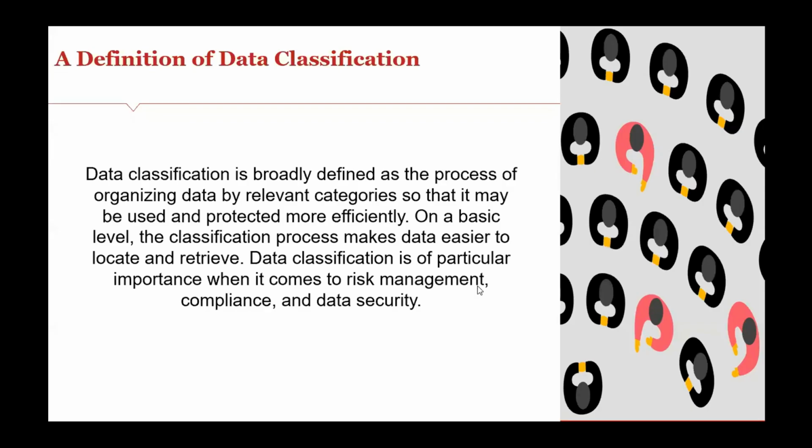Just a definition: data classification is the process of organizing data by relevant categories. You identify what data is available in the organization, identify the categories, and decide how you can protect and use them. That's in a nutshell. So why do you want data classification?